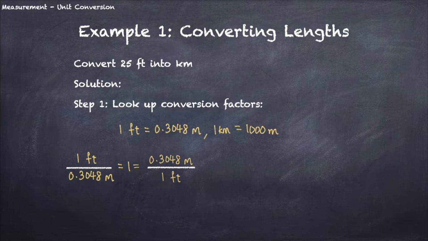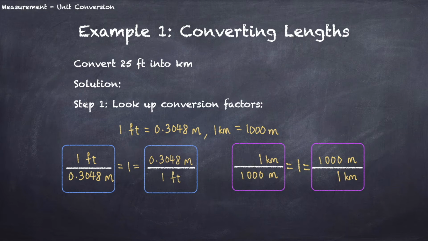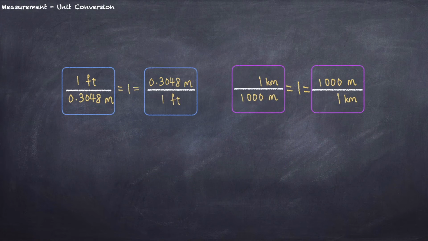First, divide both sides of the equation by 1,000 meters, and we get 1 kilometer over 1,000 meters is equal to 1. After that, realize the reciprocal of this fraction must also be equal to 1. So we have 2 conversion factors from the equation on the left and 2 conversion factors from the equation on the right. Now we move on to step 2.